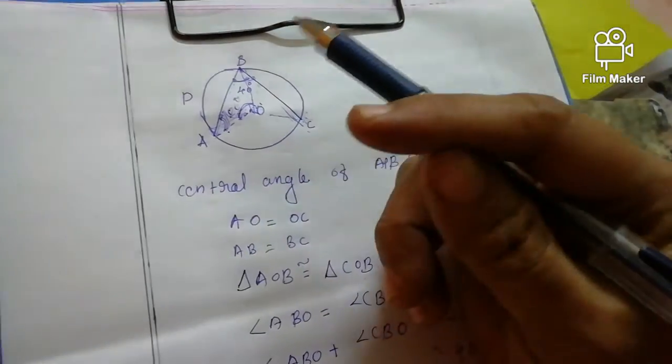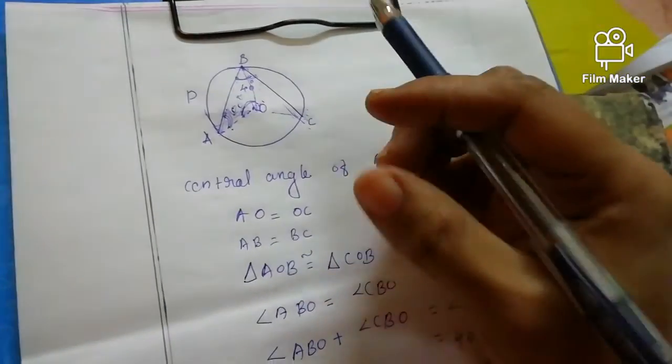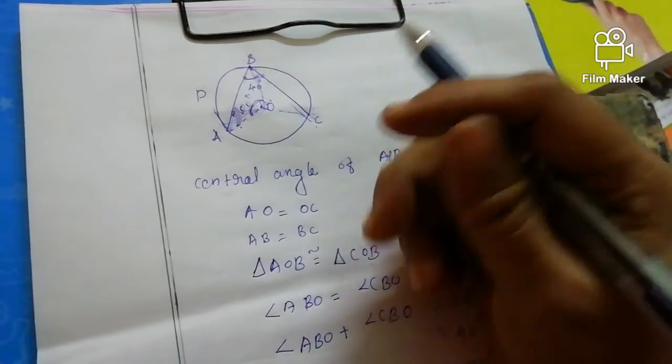Using the congruency property of a triangle and the radius of a circle, we can prove this result.